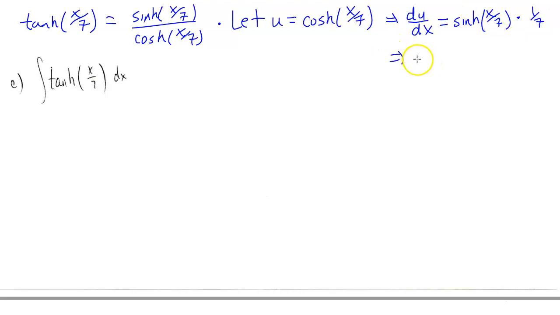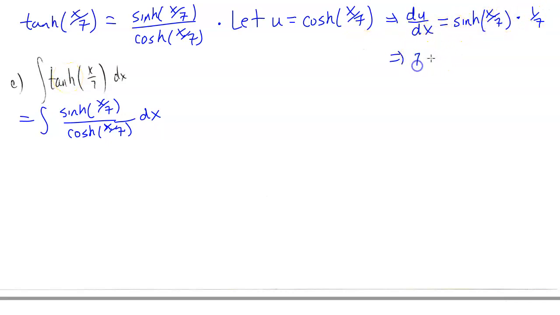And so from that, since we're going to be rewriting this in this way, we want to solve for sinh of x divided by 7 dx.